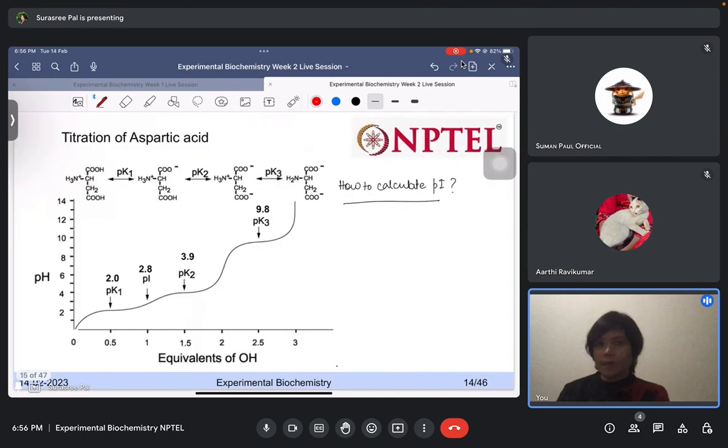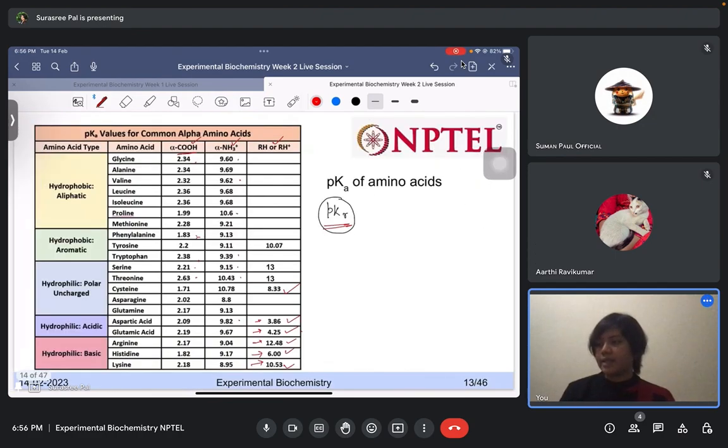So for example, if we titrate aspartic acid, first tell me if there is any doubt in this particular slide.